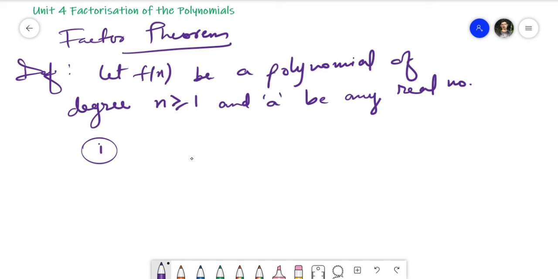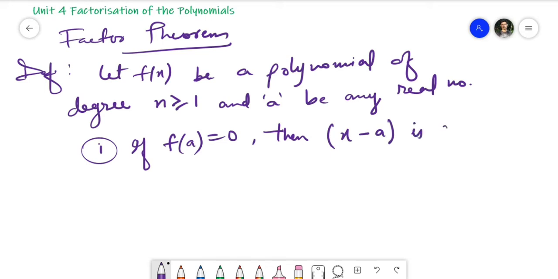For example, if f of a is equal to 0, then remember x minus a is a factor of f of x.